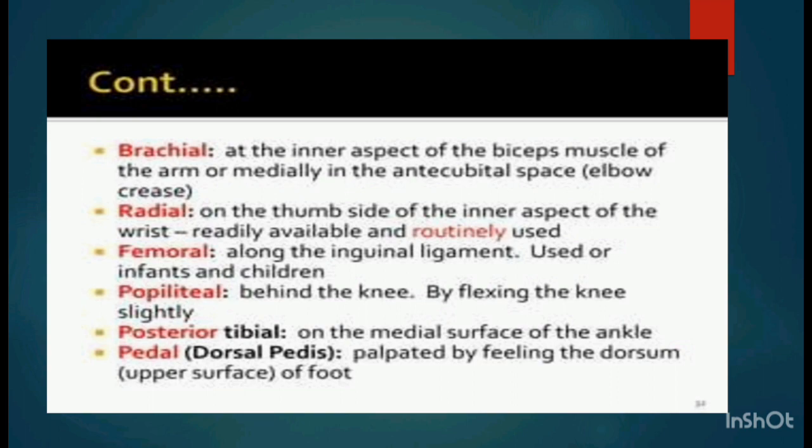Femoral along the inguinal ligament, used for infants and children. In popliteal pulse, behind the knee by flexing the knee slightly. Posterior tibial on the medial surface of the ankle. Pedal or dorsalis pedis palpated by feeling the dorsum of the foot or upper surface of the foot.